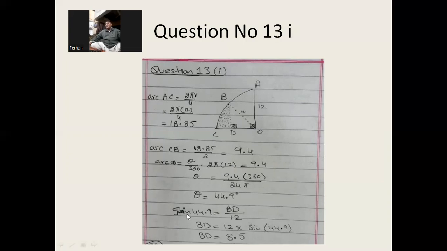So I can apply sine 44.9, that will be equal to the perpendicular divided by the hypotenuse, that is BD divided by 12. So BD is equal to 12 times sine 44.9, and that will be 8.5. So the length of this BD line will be 8.5 centimeters. So I hope you understand how this is done.